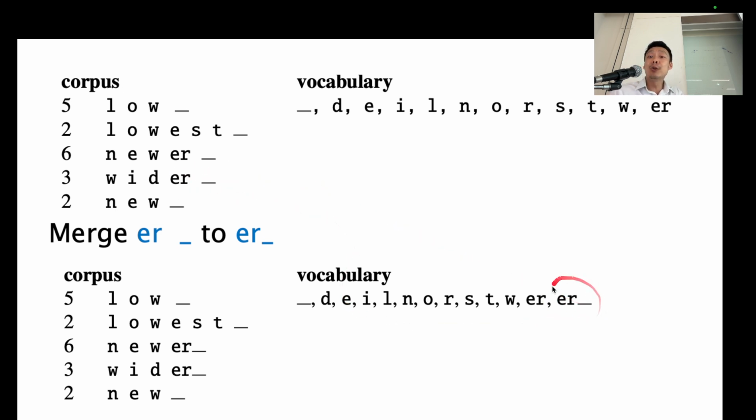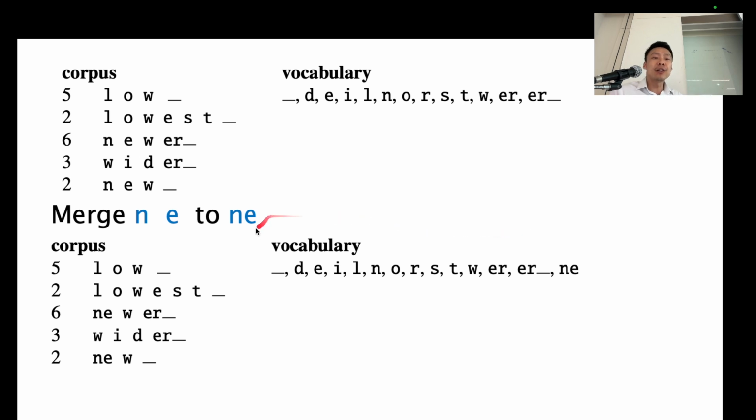And we keep doing this. The next one apparently is N and E, which we found 6 times. You have to trust me. That's the most frequent pair of tokens that we find, which is 6 times. So we merge N and E, and add NE to the vocabulary.